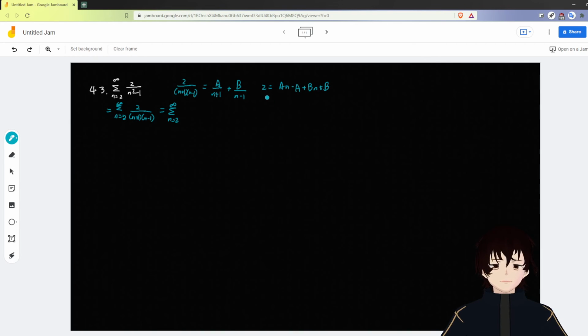Wait, 2 is equal to (a plus b)n plus b minus a. b minus a equals 2, b plus a equals 0. Therefore, b is equal to 1 and a is equal to negative 1.